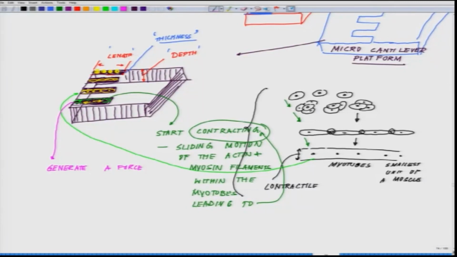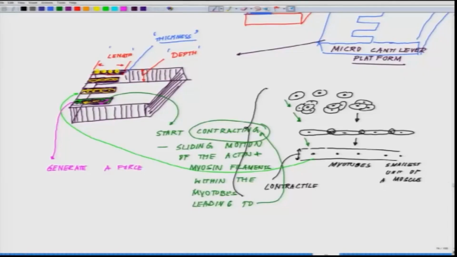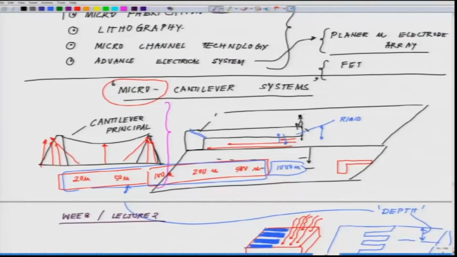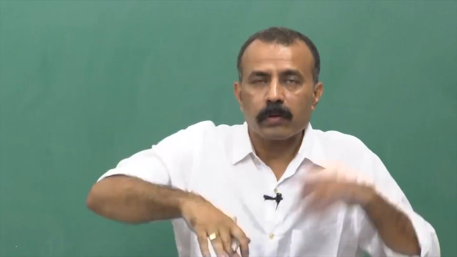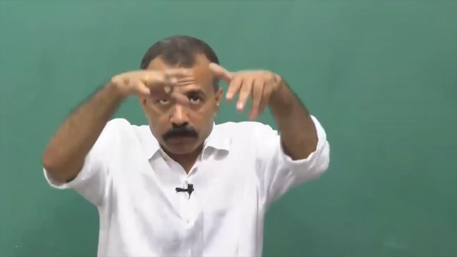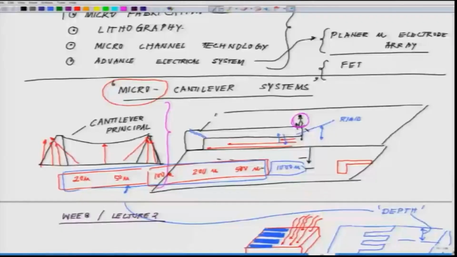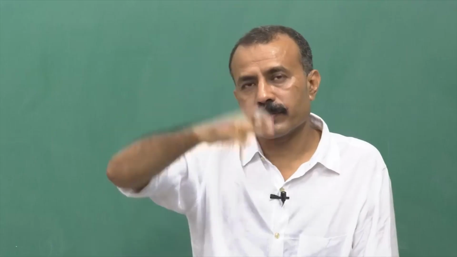While this muscle is contracting on this surface, it is the same analogy as I gave you here: a person thumping his leg on top of the diving board. Once this person starts doing it, the diving board starts to oscillate like this.